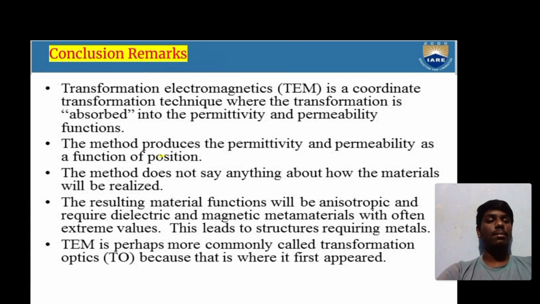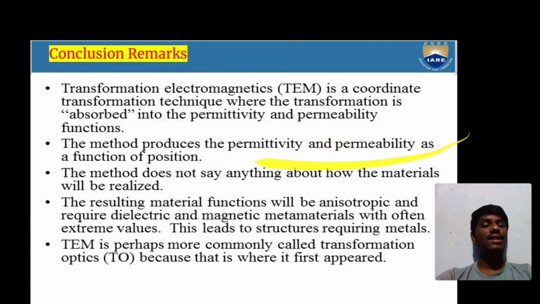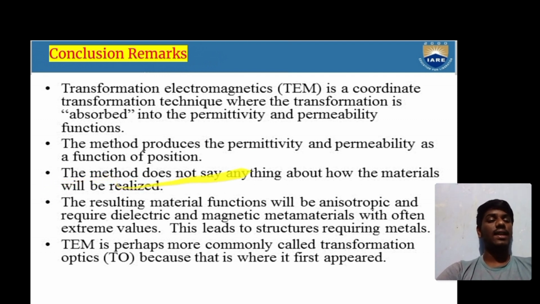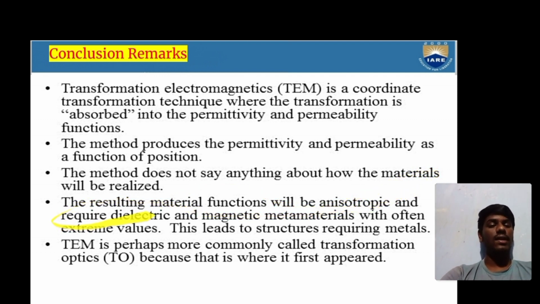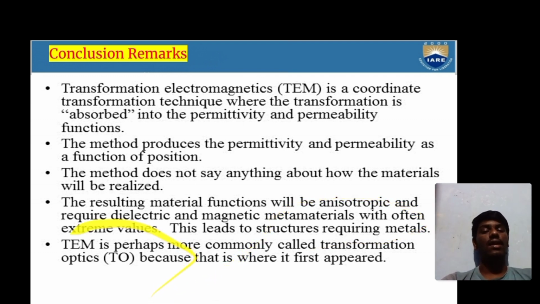The method produces the permittivity and permeability as a function of position. The method does not say anything about how the materials will be realized. The resulting material function will be anisotropic and requires dielectric and magnetic metamaterials with often extreme values. This leads to structures requiring metals.